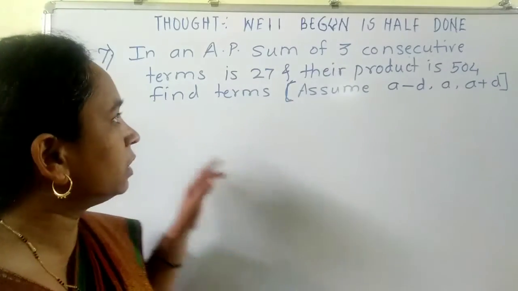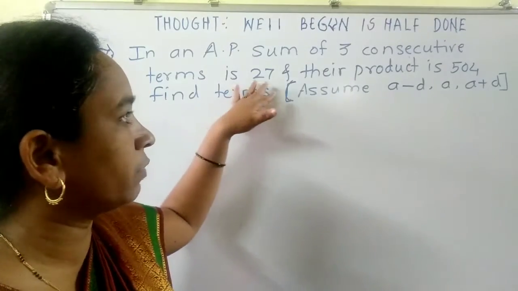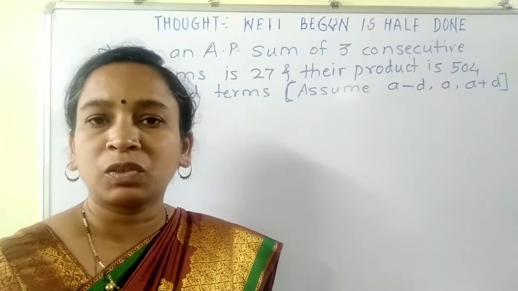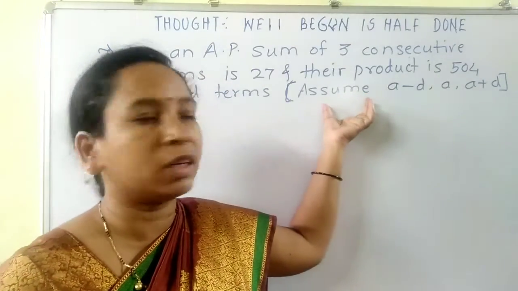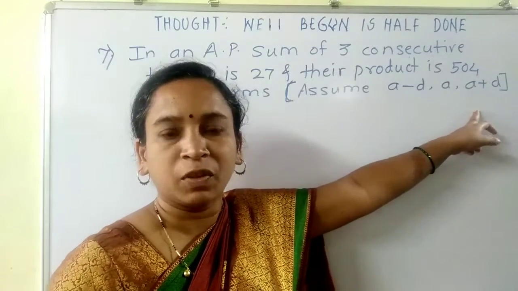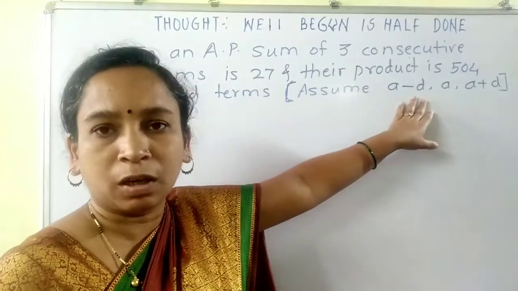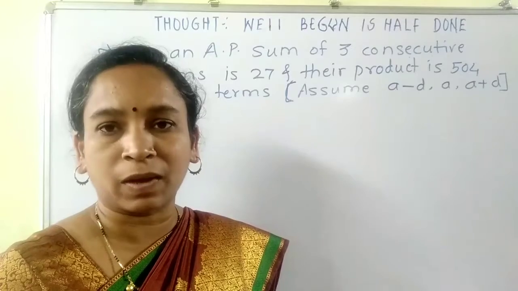Seventh example. Here they have said that there are 3 consecutive terms whose sum is 27 and their product is 504, and those terms are unknown. But they have told us to assume those 3 numbers are a minus d, a and a plus d. So we'll consider those 3 numbers as these 3 terms and solve the example, and find the values of a and d.